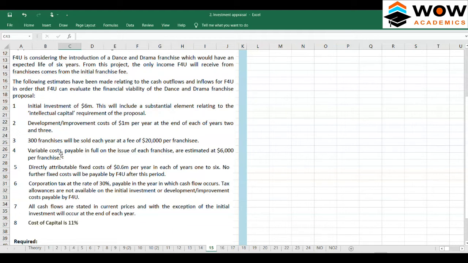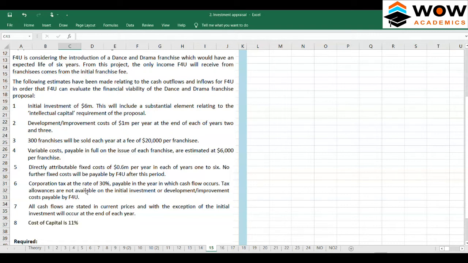Variable costs payable in full on the issue of each franchisee are estimated at $6,000 per franchisee. Directly attributable fixed cost is 0.6 million per year in each of the years 1 to 6. No further fixed cost will be payable by F4U after this period.